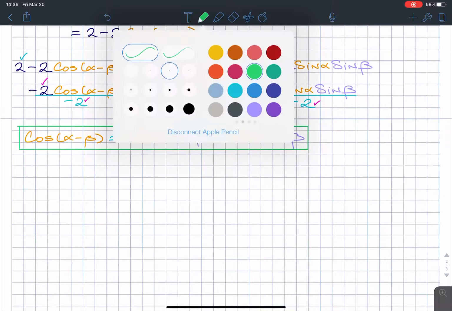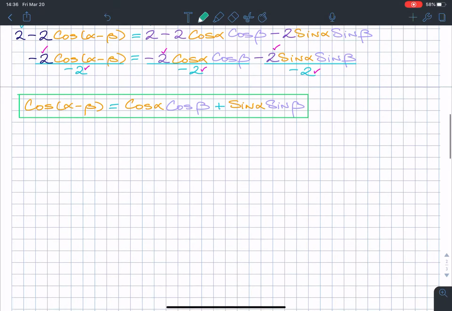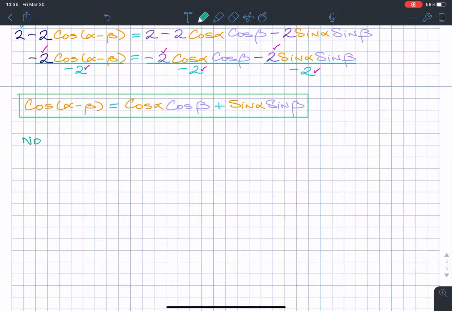So let's note in this formula, what do we know about cosine? We know that cosine is an even function, right? So that is, if I have cosine of a negative angle, that's the same as cosine of a positive angle. And that's because cosine is even.